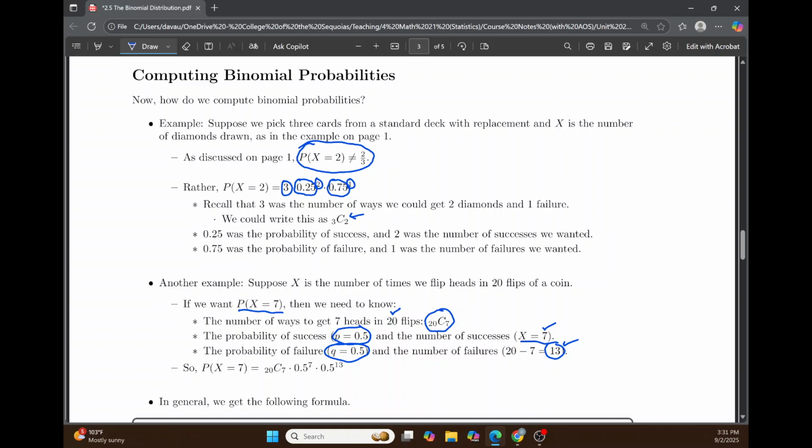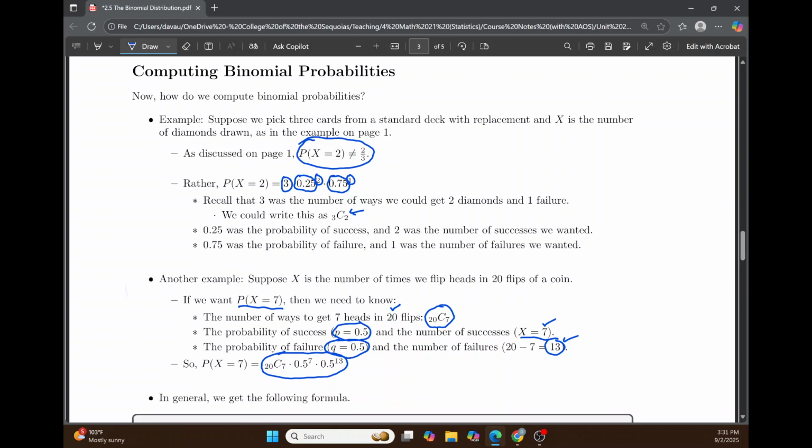Putting that all together then, the probability that X equals 7 would be 20 choose 7, right? That's the number of ways to get 7 successes out of our 20 flips, times 0.5 to the 7, okay? That's the probability of success raised to the number of successes we want, times 0.5 to the 13. That's the probability of failure raised to the number of failures that we want, okay? So that's how we would compute that probability.